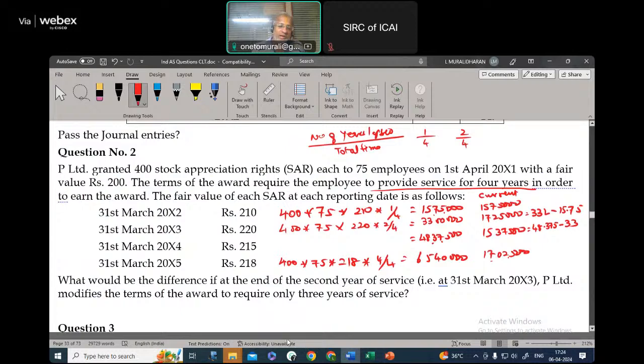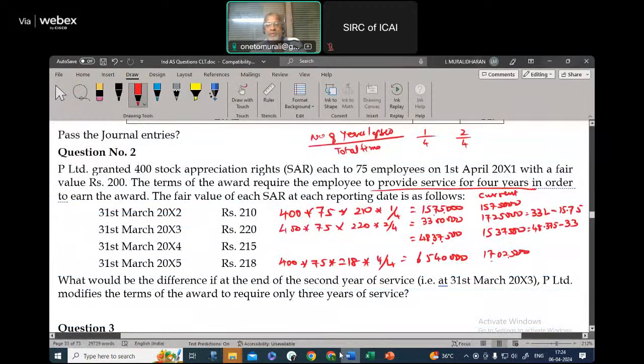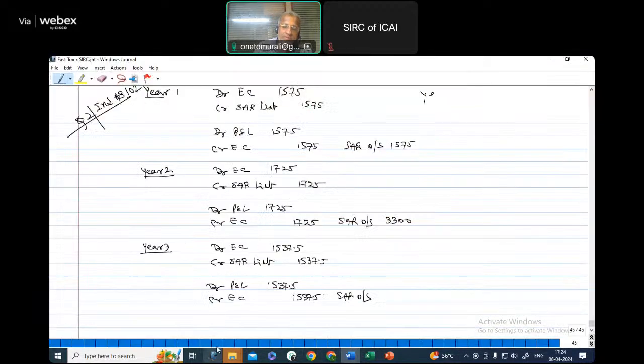It's only the numbers that will be different. 15,37,500, and SAR outstanding will be 48,37,500.